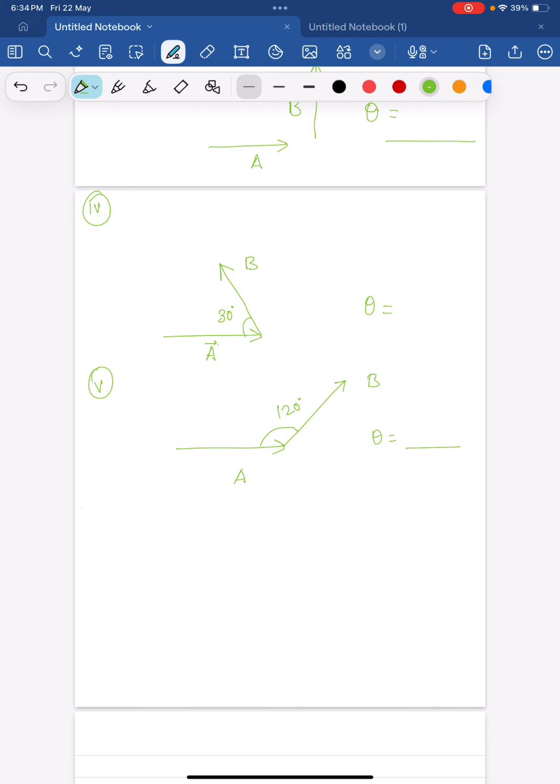Now let us come to the next topic. The next topic is addition of two vectors. So we are going to deal with the triangle law of addition.